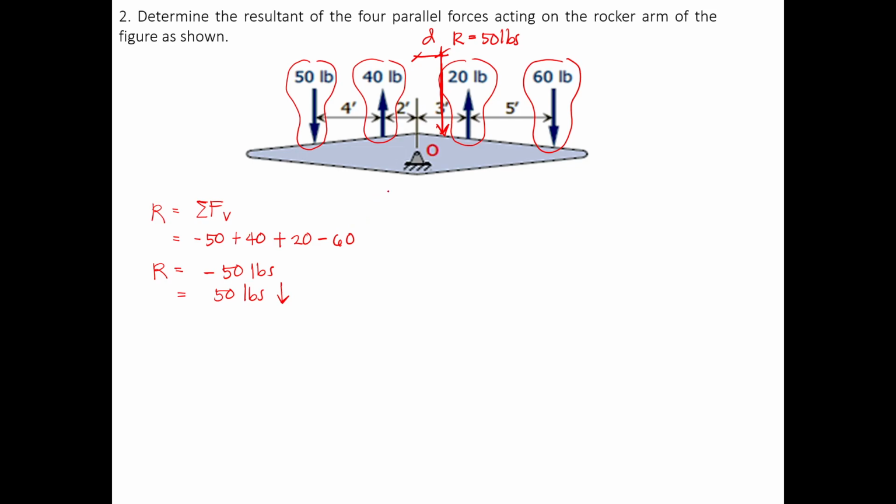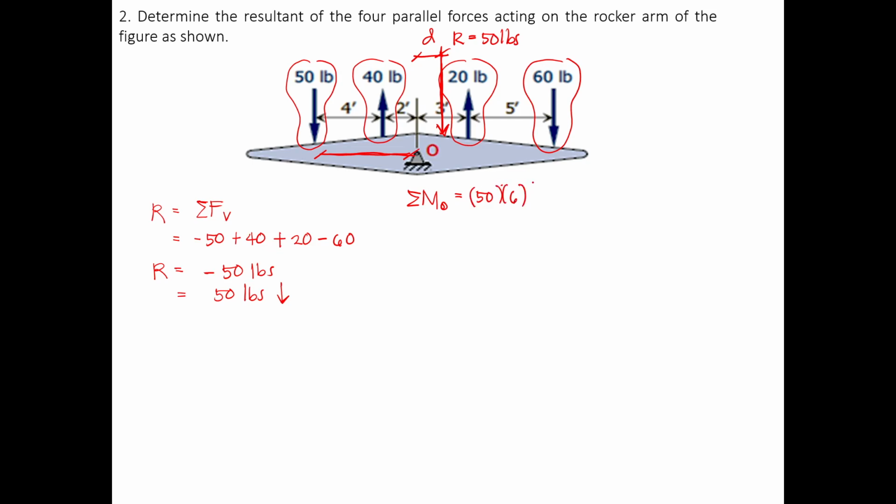Next, we take moment about point O. So the summation of moments about point O equals, starting with the first force, the 50 pounds. This one is the distance of the 50 pounds from point O, and if you imagine the rotation, that will be counterclockwise, so force times the distance is positive.